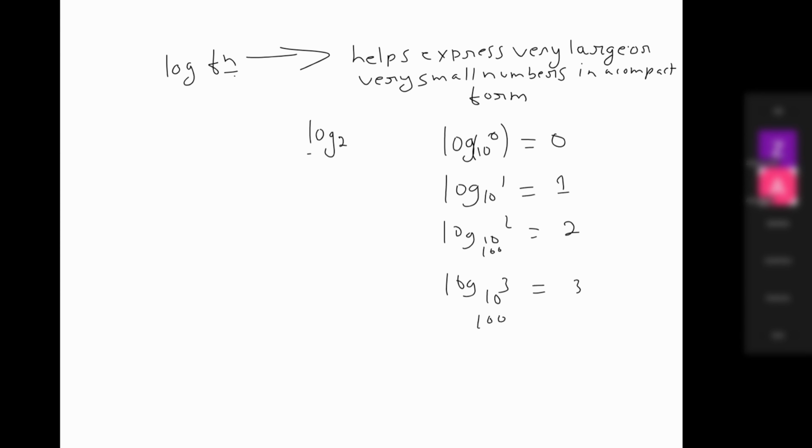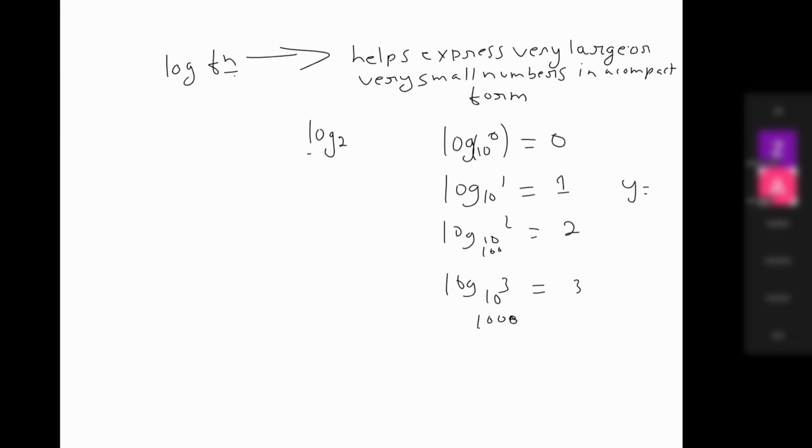Now what happens? Without a log function, if I want to represent the y value, if x is increasing, y should increase, right? X value is 1, y value is 10. X value is 2, y value is 100. X value is 3, y value is 1000.